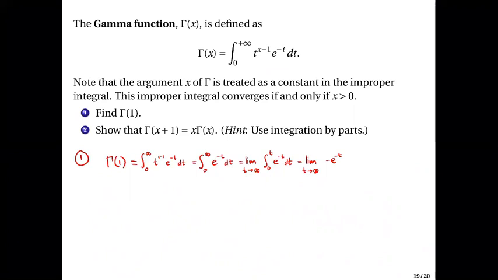Instead of t here, this should be s. I'll use another parameter for the limit, so I'll use s here, and also s here. So we are evaluating from 0 to s. It's bad notation because I'm already using t as my variable of integration, so I have to use another variable for my limit.